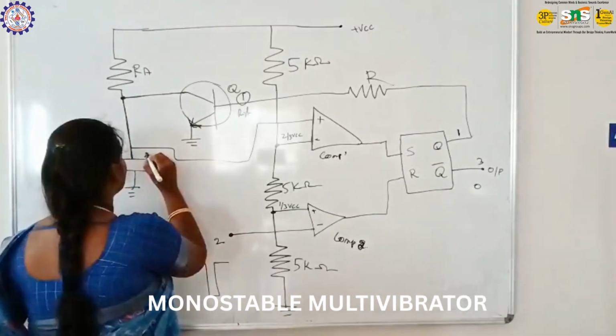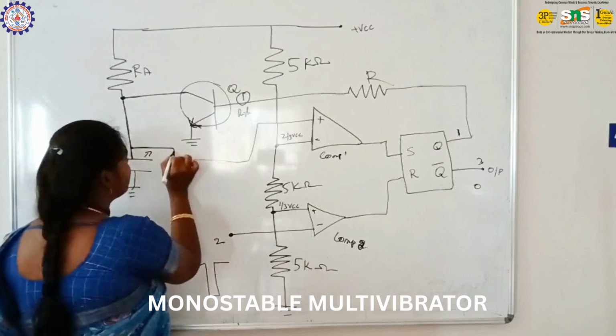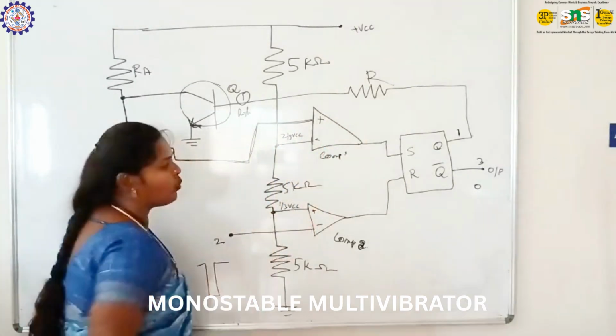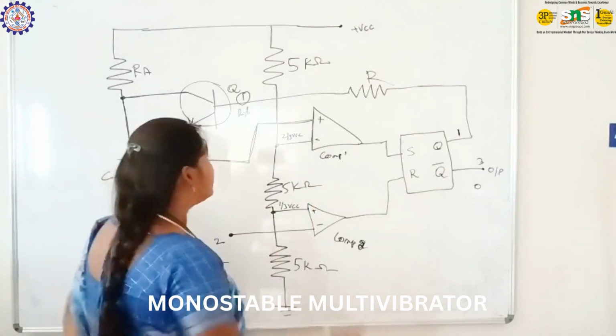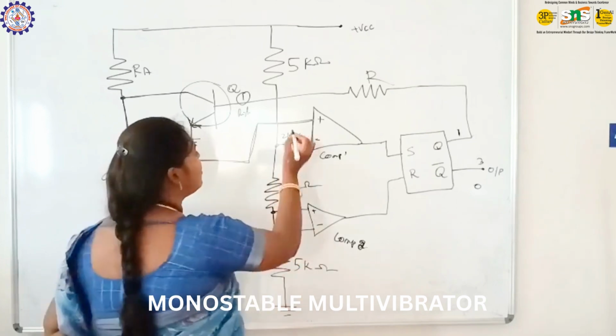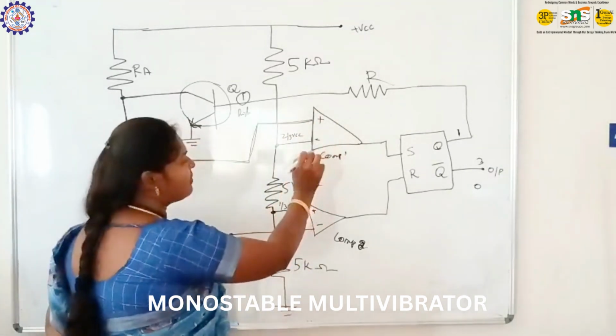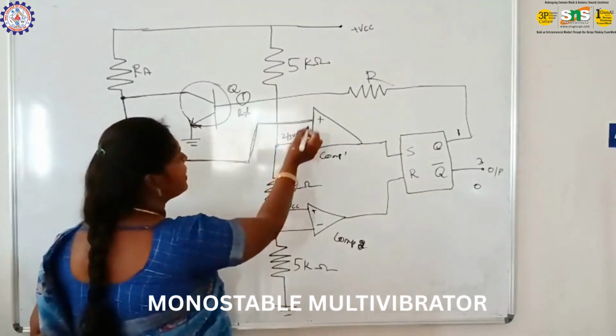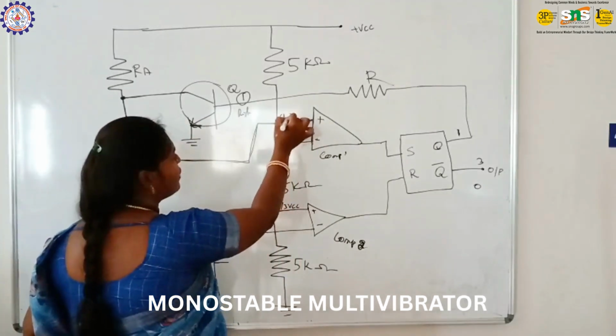This signal is passed to comparator 1. Discharge means there is a low value of signal. So now comparator 1 will start the comparison between 2/3 VCC and this low value.